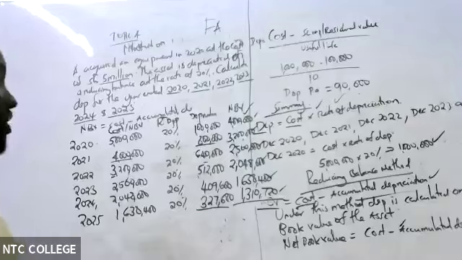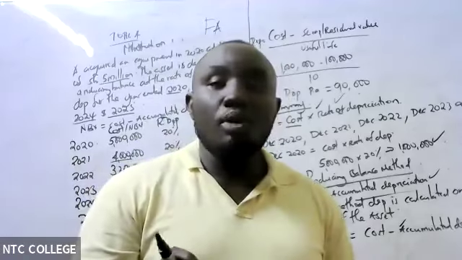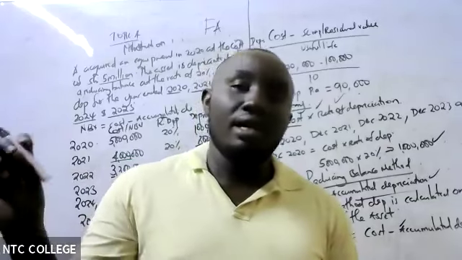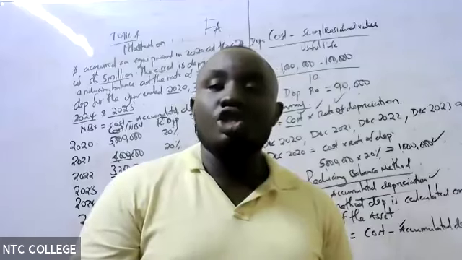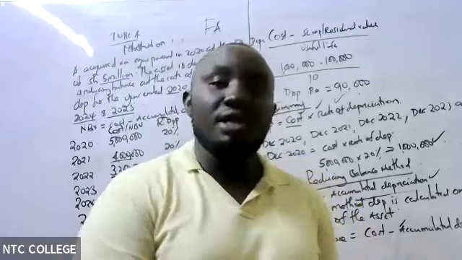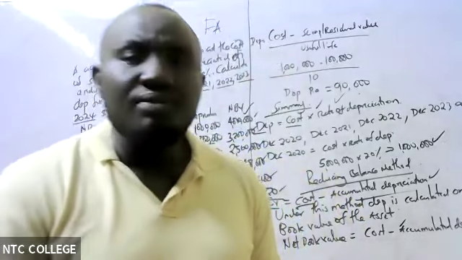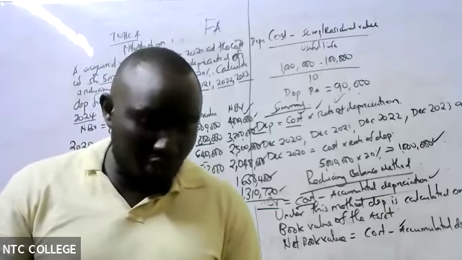I want us to proceed. Most of the questions, especially when you tackle financial statements, will always use what we call the straight line method and the reducing balance method. However, you can have other methods, such as revaluation. I can talk briefly about two methods.